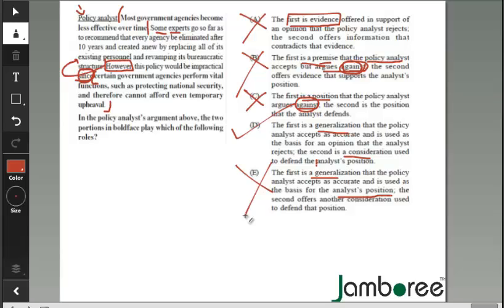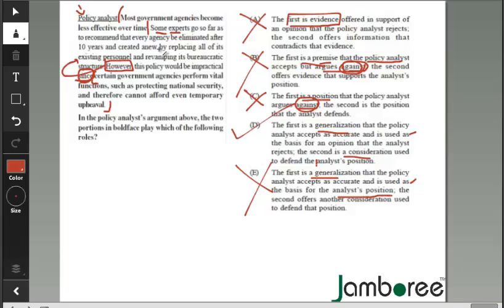As I said, this is a little complicated. Read D carefully. The first is a generalization that the policy analyst accepts as accurate. So between D and E, till here, there is nothing to choose between. Used as the basis for an opinion that the analyst rejects, right?